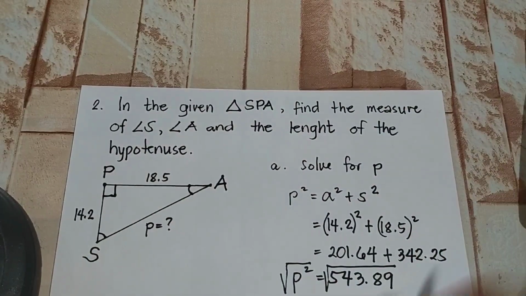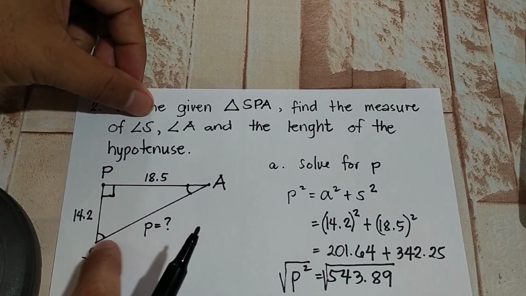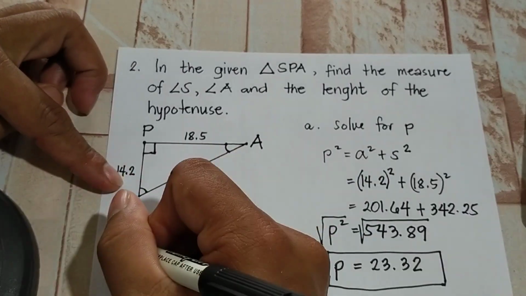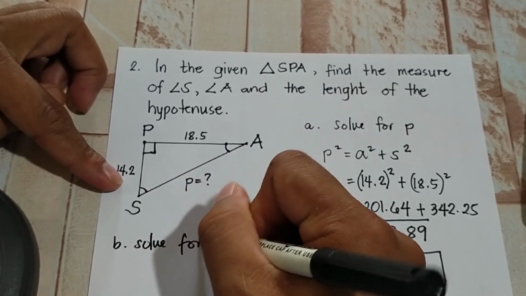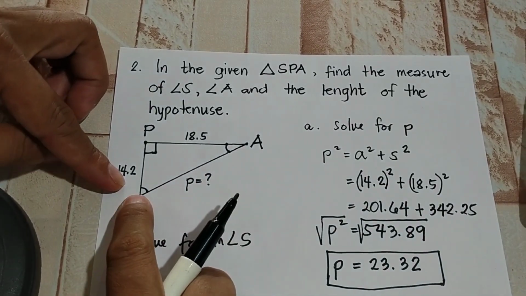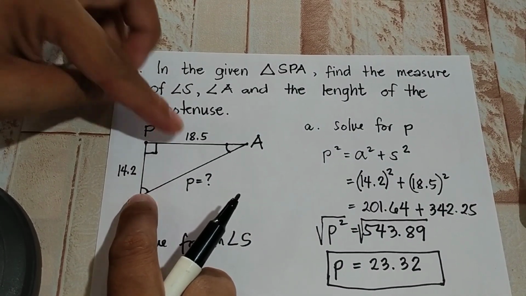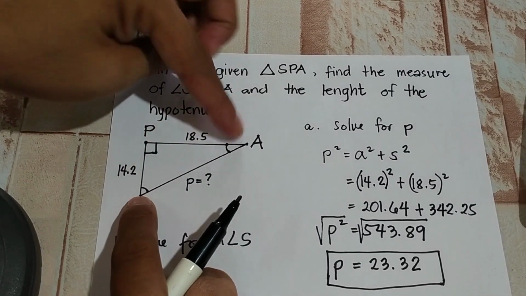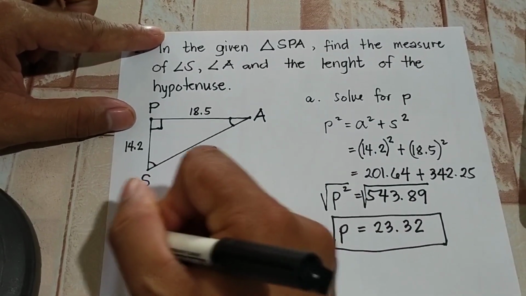Okay, if that is our side P, then we are also asked for the measure of angle S. So solve for the measure of angle S. To solve for it, make use of what is given, the 14.2 and 18.5. So 14.2 is our adjacent, and 18.5 is our opposite. So we'll make use of TOA.